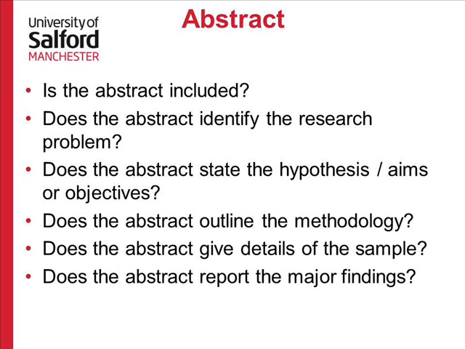The abstract should also contain a hypothesis, or if you're doing a qualitative piece of work, usually aims and objectives. Hypotheses are usually left for quantitative studies, whereas qualitative studies will start with an inductive approach, i.e. a blank piece of paper, and work from there.